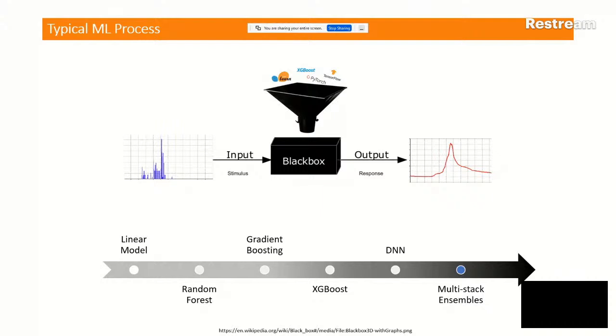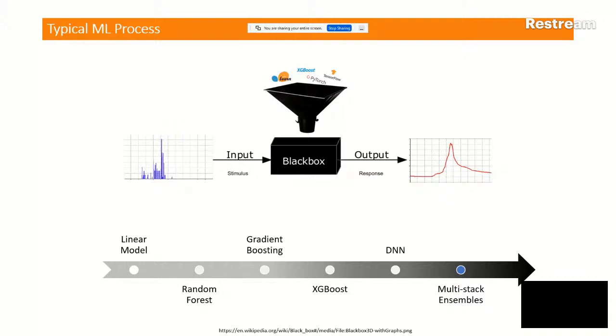We progressively go from these linear models to more tree-based models like random forest and then gradient boosting models. Everybody's favorite, XGBoost, you have to try that. And then you keep going and chase that accuracy. You want to extract that accuracy as much as possible, every single percent of it, and you create these complex multi-stack ensembles to get that accuracy.